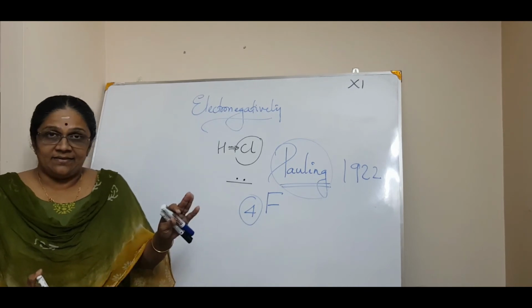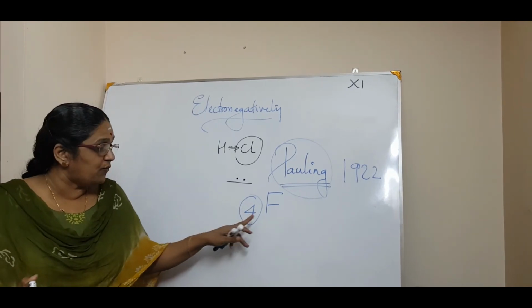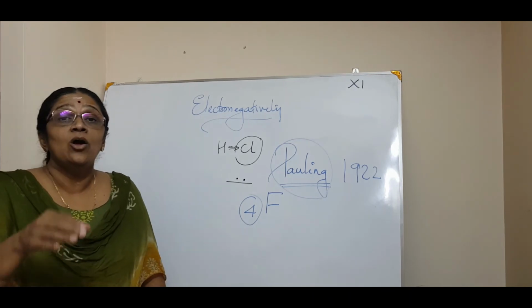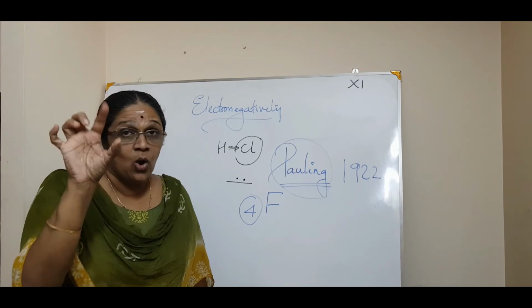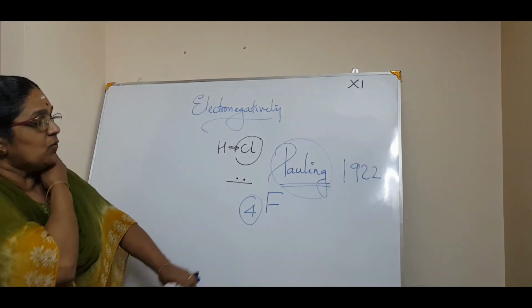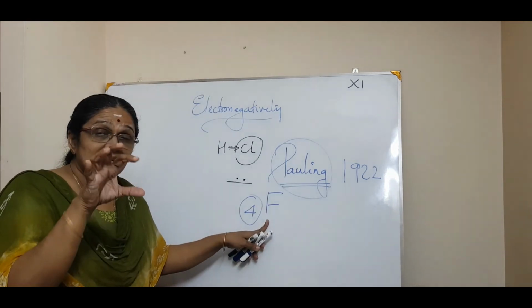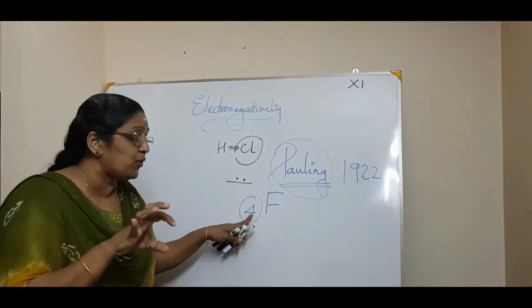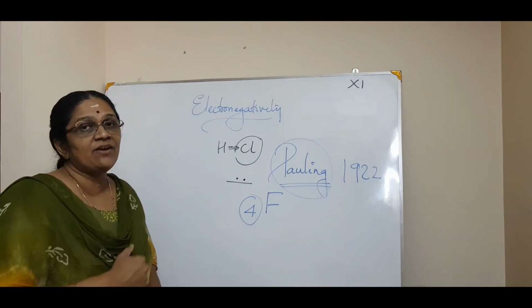He standardized the value of fluorine because fluorine is the most electronegative element in the whole periodic table. So Pauling arbitrarily assigned the value of fluorine as 4. It is the most electronegative value.